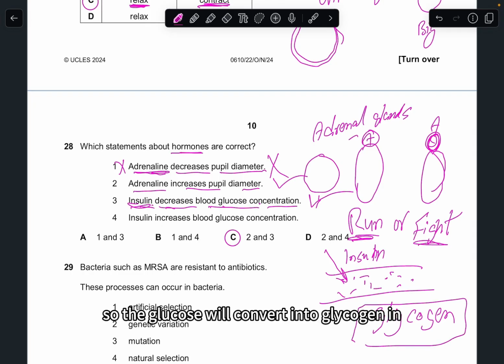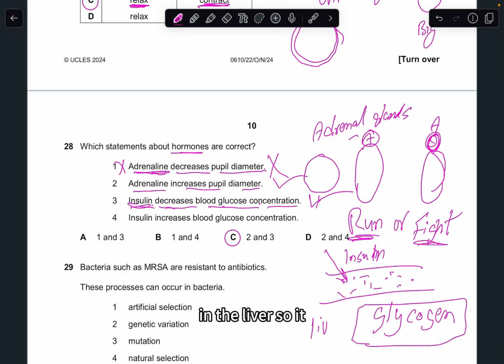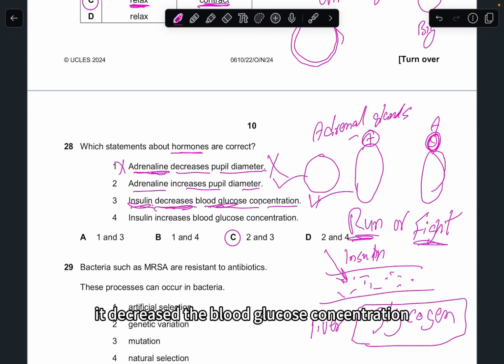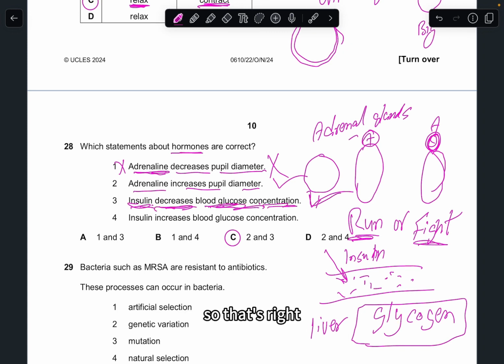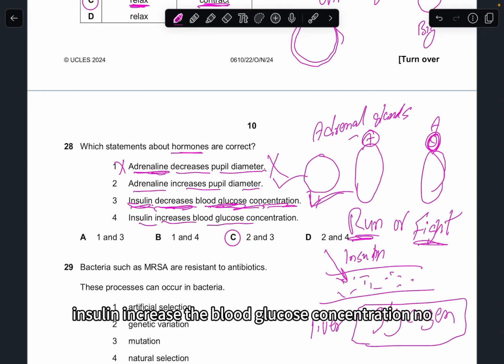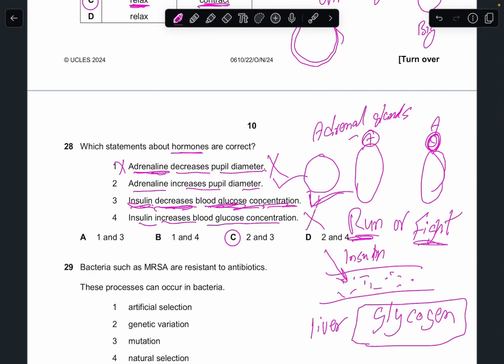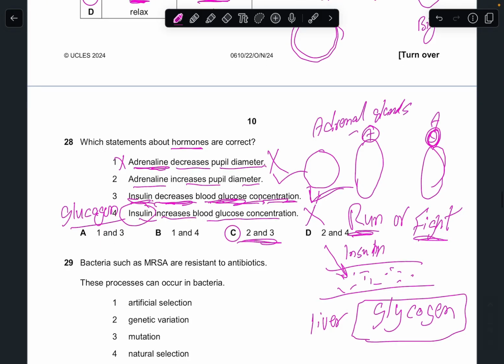So the glucose will convert into glycogen in the liver. So it decreases the blood glucose concentration. So that's right. Insulin increases the blood glucose concentration. No, it's actually the glucagon that increases. So the answer is 2 and 3.